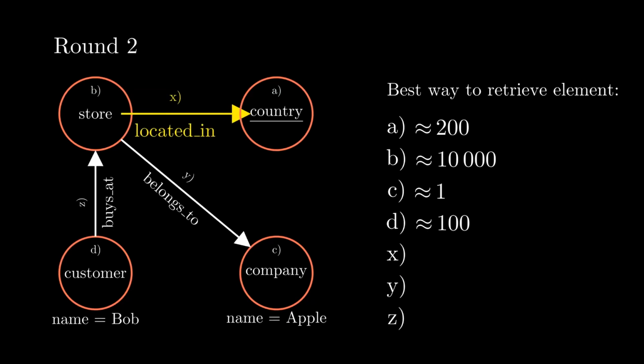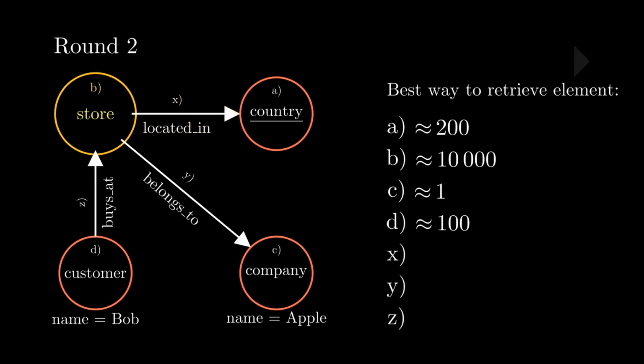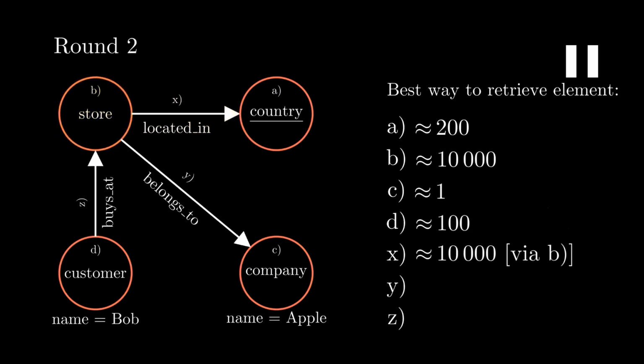That's obviously 1 because each store is located in exactly 1 country. Or we can do it the other way around. Look at how many countries we have. That are 200. And look at how many stores we have in each country. I'm now going with 10,000. That is 1 located in edge per store because we have 10,000 stores.